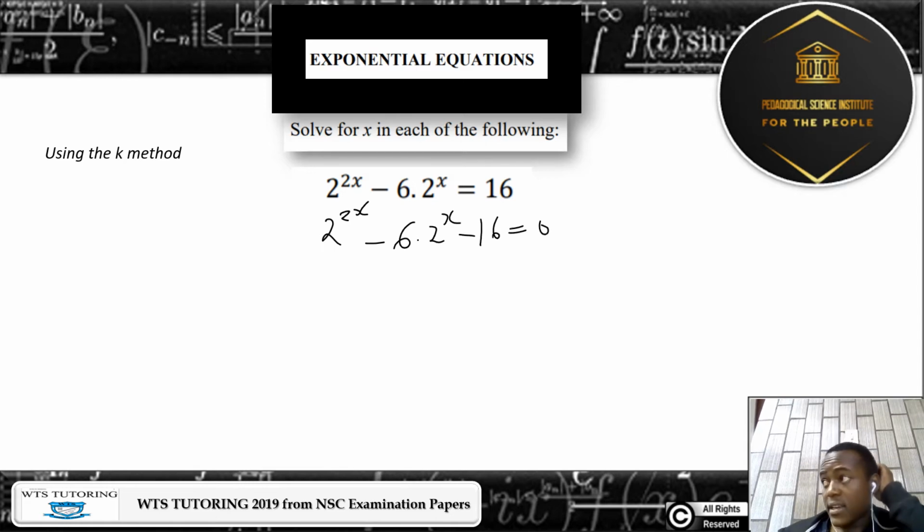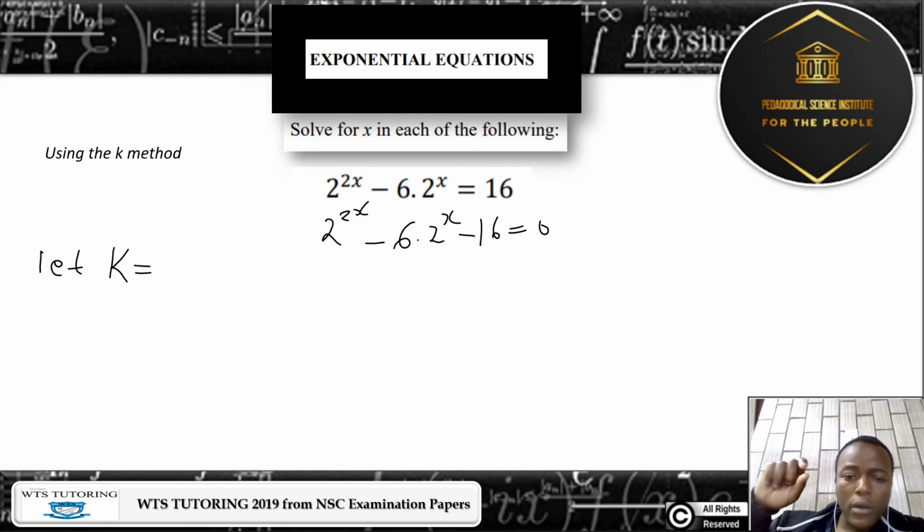So just take that thing to the other side to have that stable exponential equation. Now let k be equal to the unknown of the middle term. Let k is equal to 2 exponent x.